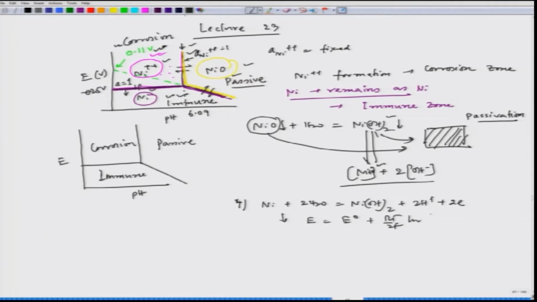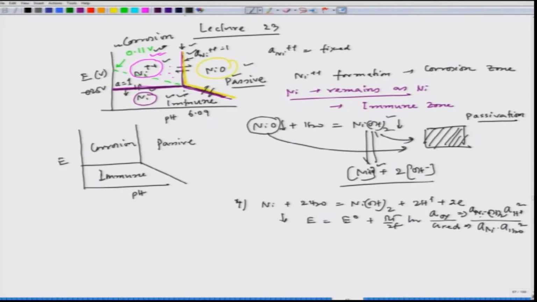ox by red. So, this is activity of ox, activity of red, and here ox is nothing but Ni(OH)2 activity and activity of H plus square, and this one would be equal to activity of Ni, activity of H2O square.